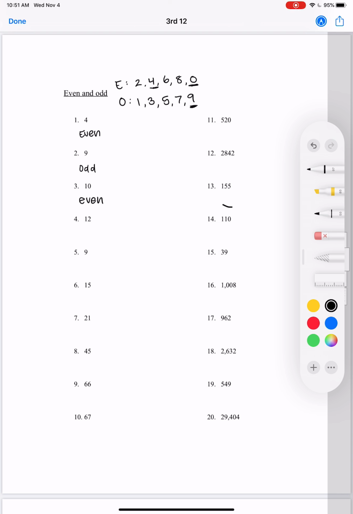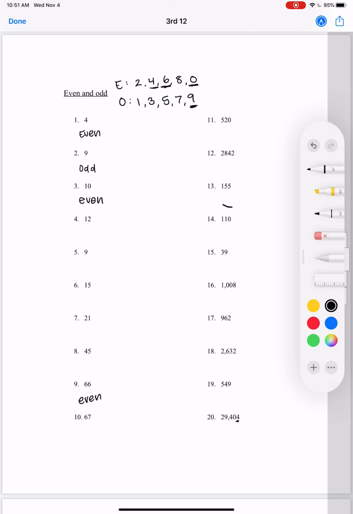Let's try 66. The last number given to you on the right is 6, which is in the evens row, which means that this is an even number. Let's try 20. When you look at numbers, you only have to look at the number that is at the way right.